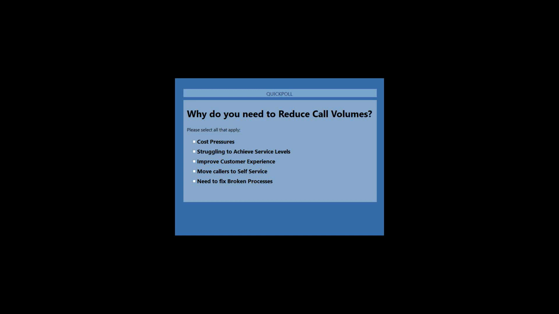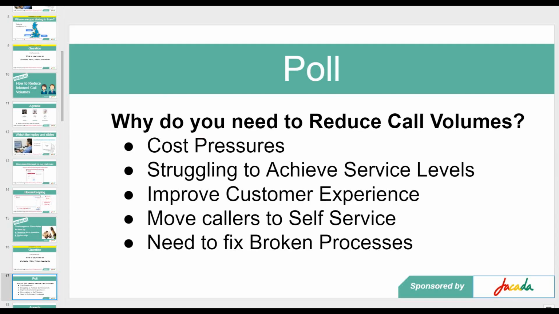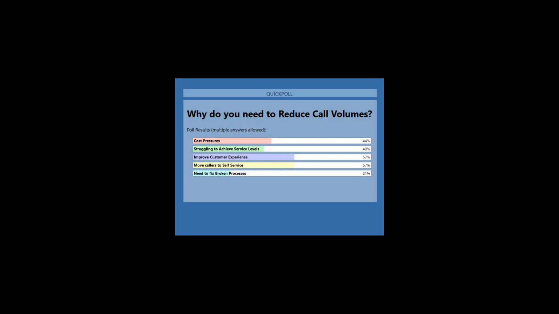So perhaps you pick the top couple or top three that apply to you. Phil, which one do you expect is likely to come up top? I've got a feeling it's going to be cost pressures. At the same time, I wouldn't be surprised if struggling to achieve service levels features quite highly as well. Well, let's have a look at the results. We'll share those up on the screen now.